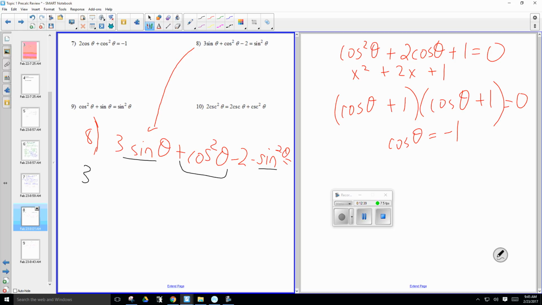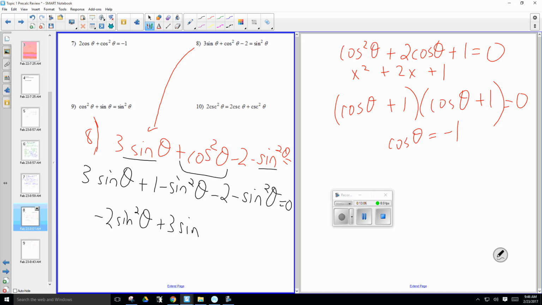So 3 sine theta plus 1 minus sine squared theta minus 2 minus sine squared. So change it into a problem I know how to do. So I have negative 2 sine squared theta plus 3 sine theta plus minus 1.